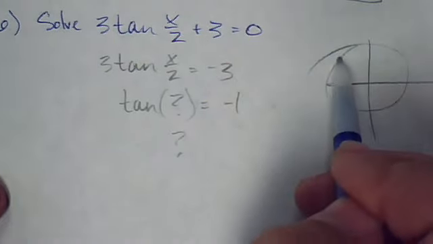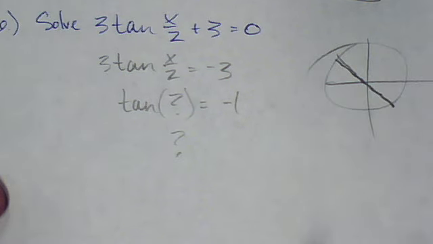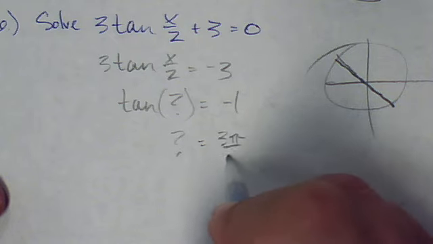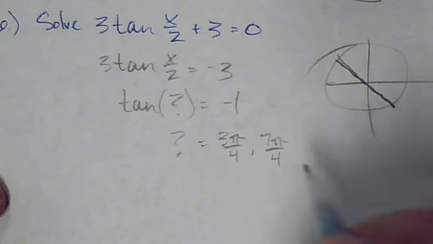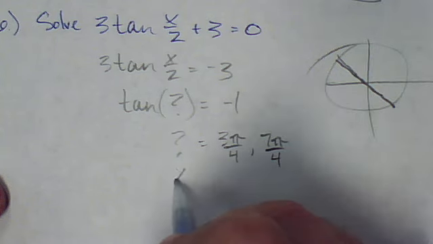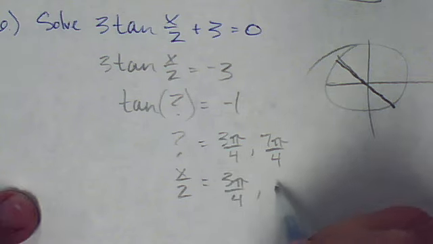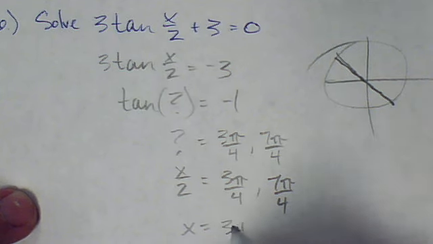So if you're looking at your unit circle, we're talking about where tangent is -1, what angles, so that would be 3 pi over 4 and 7 pi over 4. And then when I bring that back, when I solve for x, I multiply by 2, so I get 6 pi over 4 there, which is 3 pi over 2.